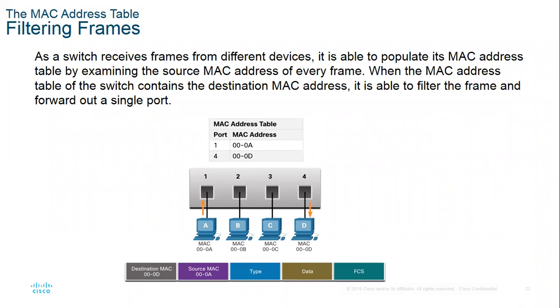So when the switch receives an Ethernet frame from A, it looks at the source MAC address to update its switching table, either by adding it if it's not already in the switching table, or by updating it if the MAC address is coming from a different port number.